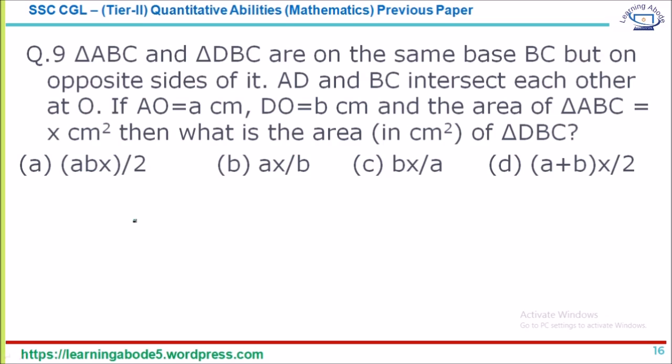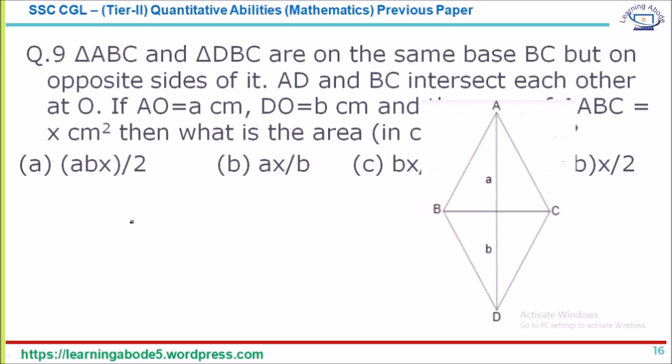And you have 4 choices. I think we can draw the diagram like this. Now if we take the ratio, we can write half into A into base BC by half into B into base BC.